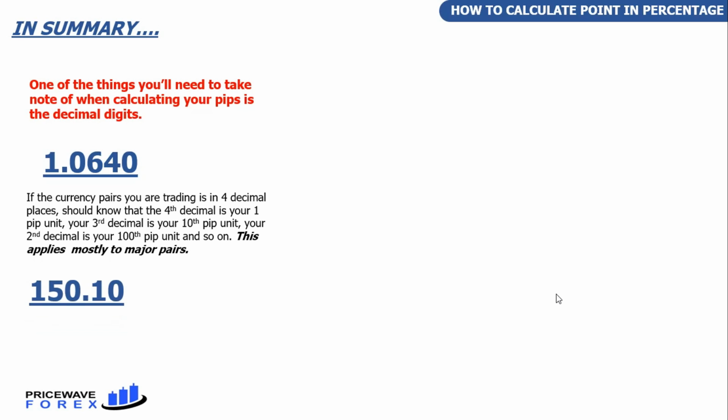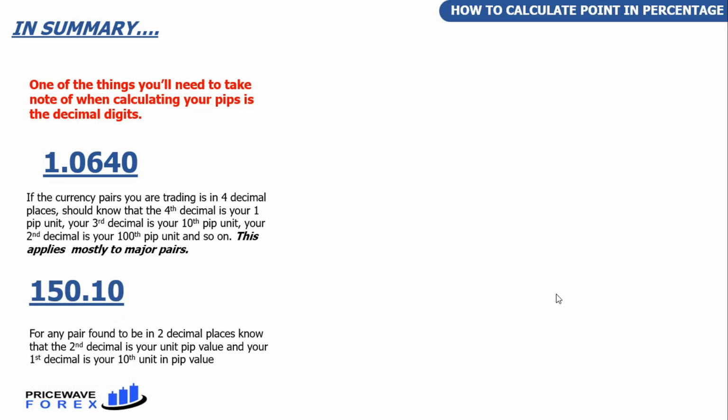Now, when we have something like this 150.10 as in the case of USD, you want to know that for any pair found to be in 2 decimal places, it doesn't matter the currency, you don't need to bog your mind up with the major pairs, the cross currency pairs, and the exotic pairs. All you need to do is to identify these two differences: either it is in 4 decimals or it is in 2 decimal places.